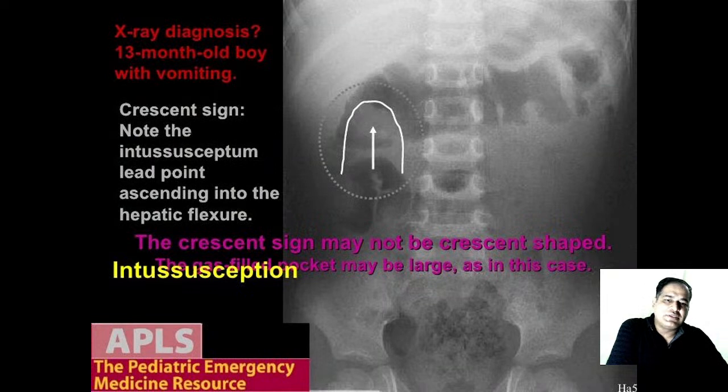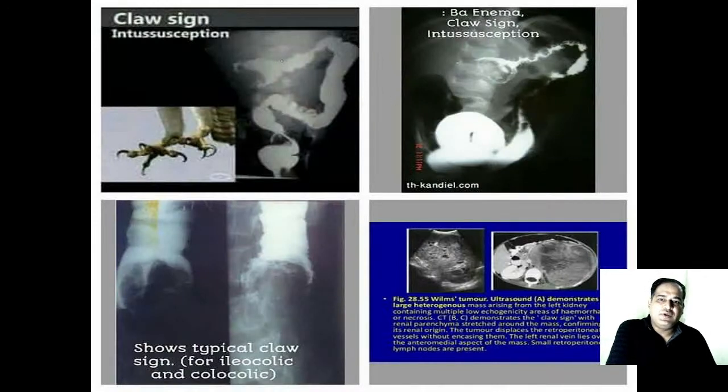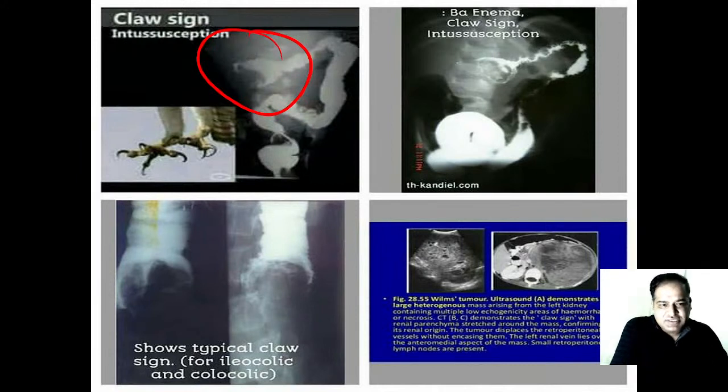See the pseudo kidney sign. Now, you see here the claw sign, the claw sign seen on the barium enema.